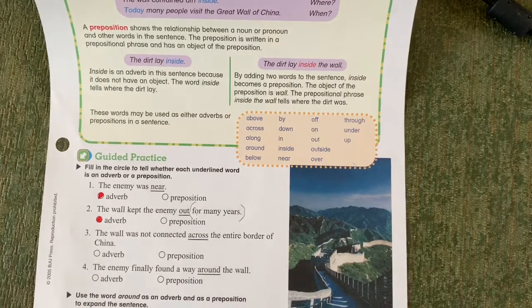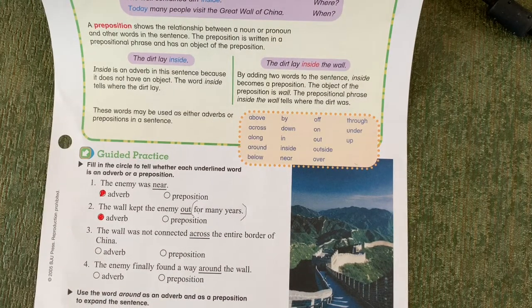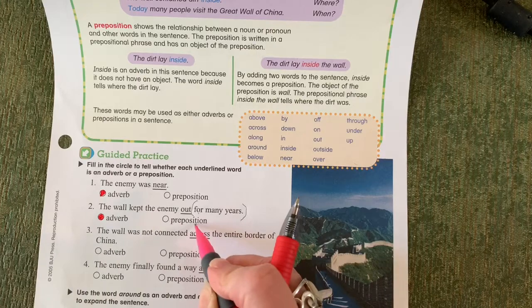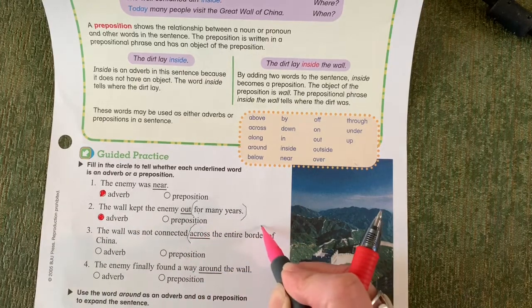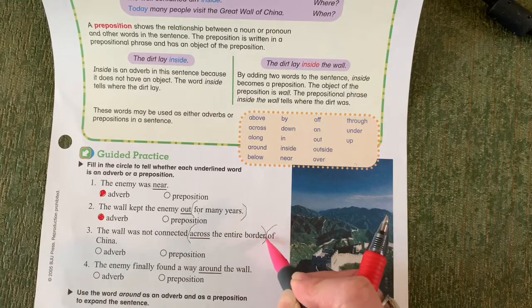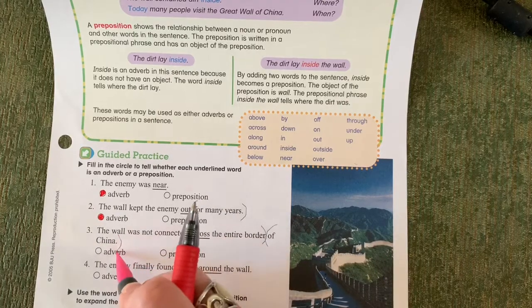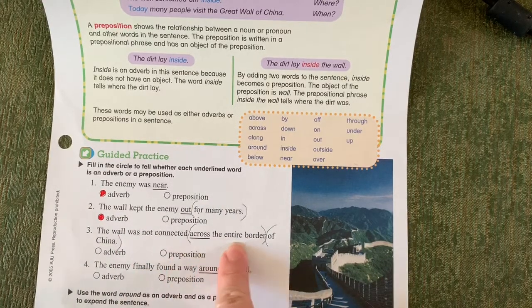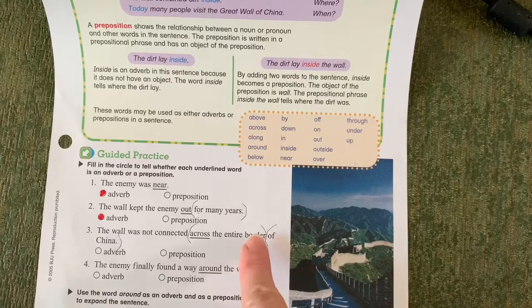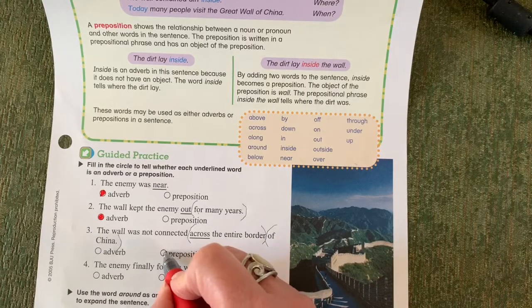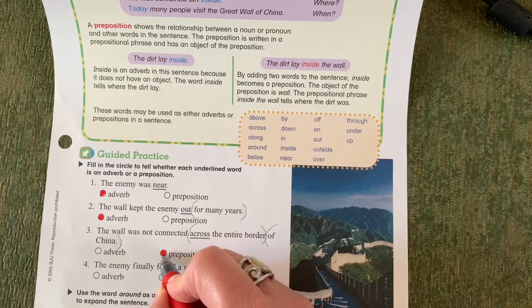Okay, number 3, the wall was not connected across the entire border of China. Okay, so we take a look at this, we see prepositional phrases, across the entire border and of China. So across has an object, border. So it is a preposition in that sentence.